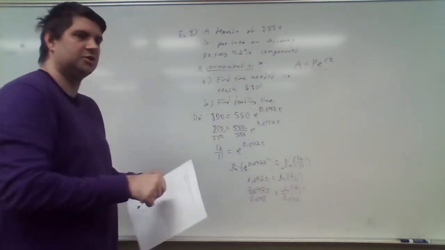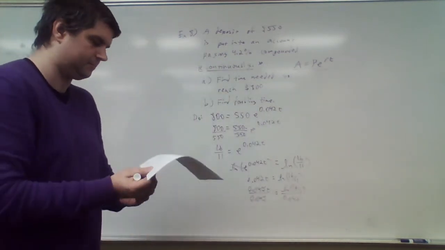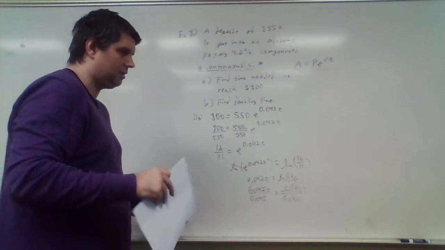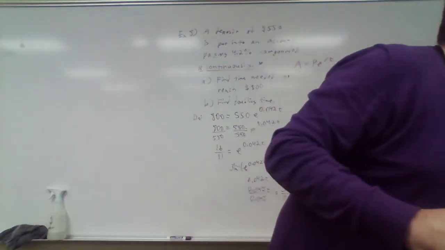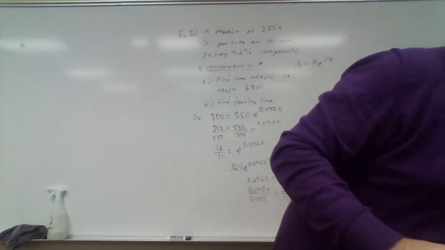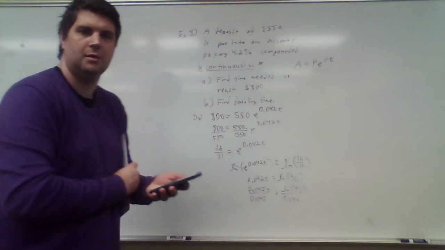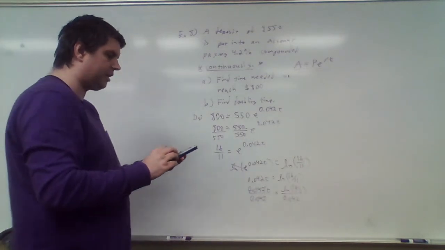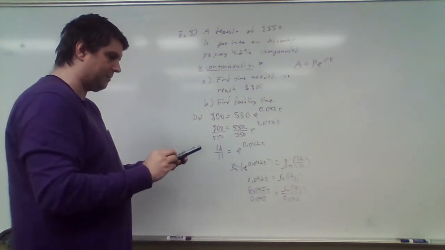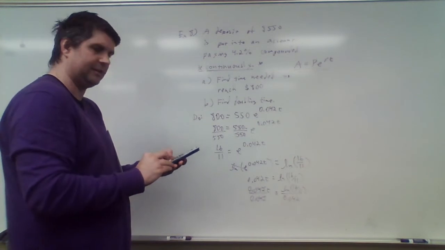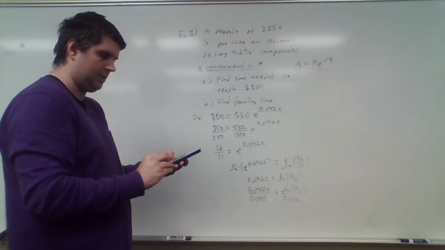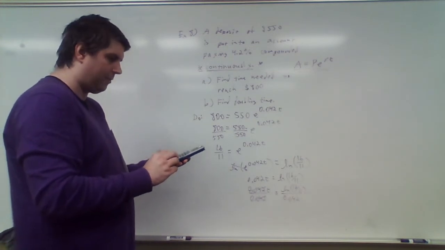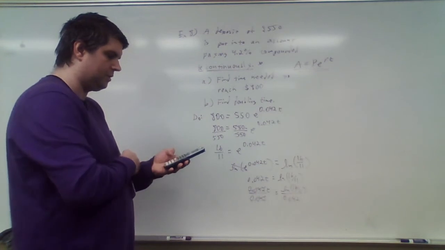All right, so I get my calculator. I will take the natural log of 16/11. Make sure, if it isn't already in parentheses, that your calculator puts it in parentheses. Hit equal. Then divide by 0.042.